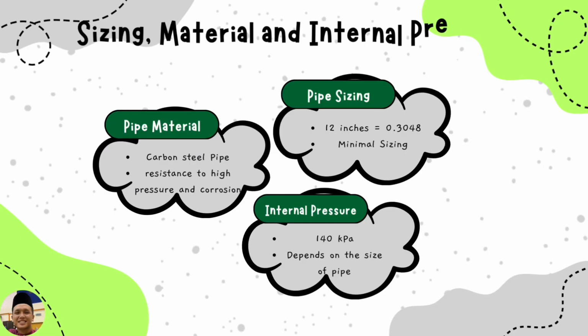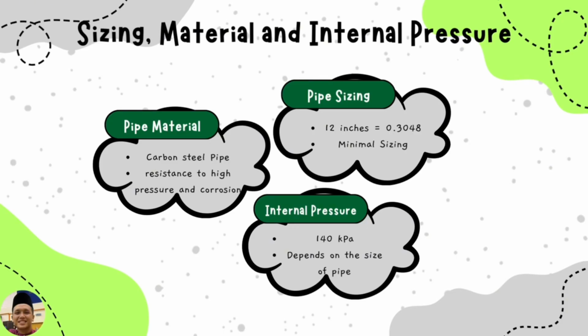So for our pipe sizing, material and internal pressure, we have chosen the best specification for our pipe. For sizing, the minimum size of our pipe is 12 inches. For internal pressure, it is 140 kilopascal.